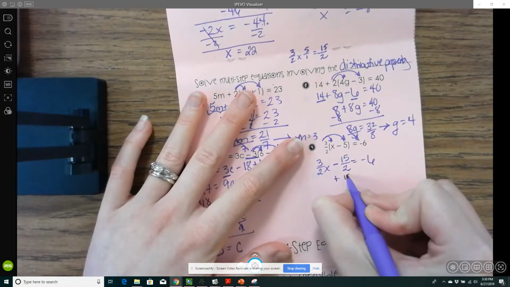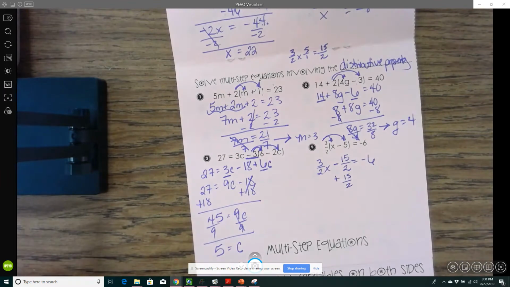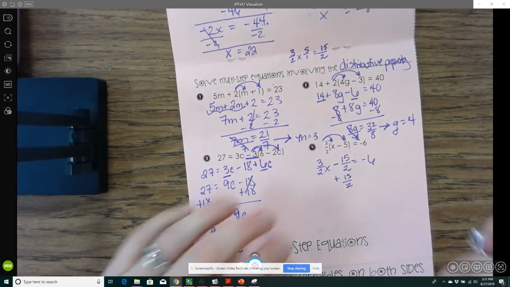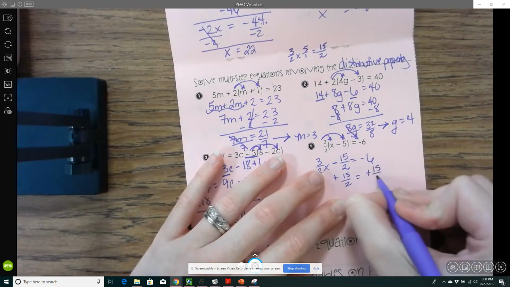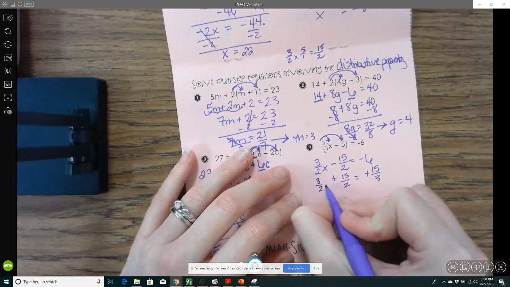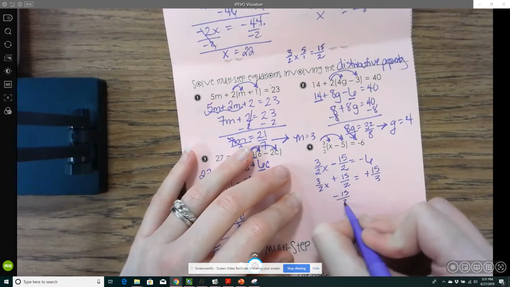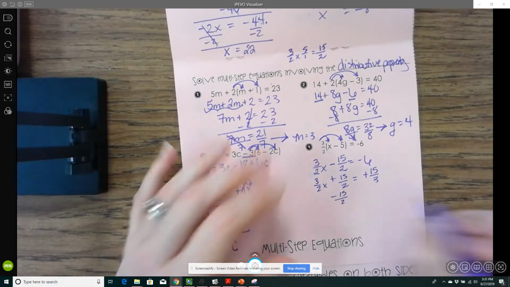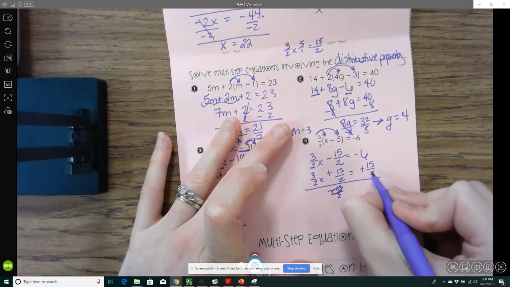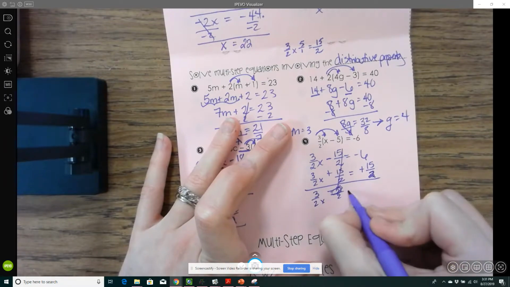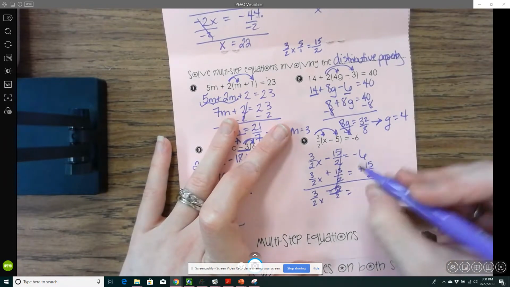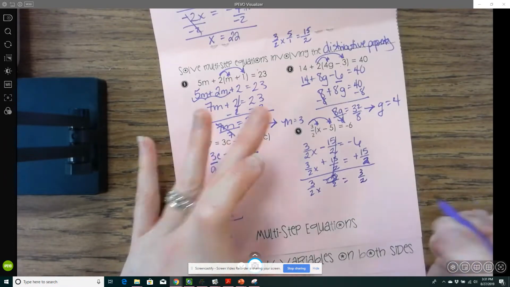So I would add this to both sides, and I would have plus 15/2. So I'm left with 3/2 x. This cancels. -6 plus 15/2 is going to leave me with 3/2.